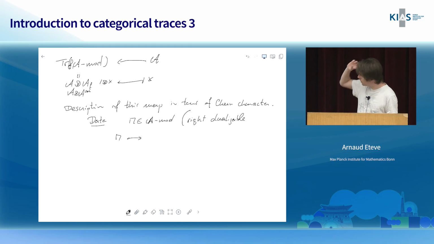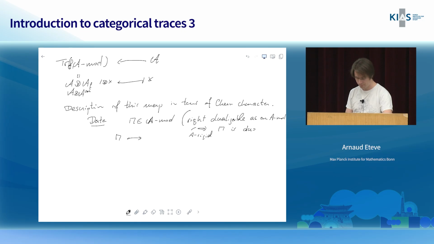To define these Chern characters, I need to take a compact object here. I will assume this, and since A is rigid, it's equivalent to the fact that M is dualizable as a plain category. So write them as an A module, as a plain category.